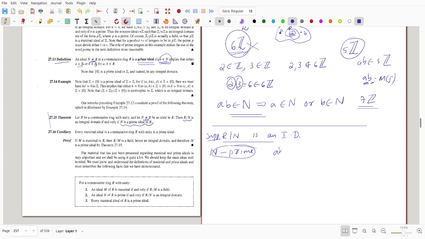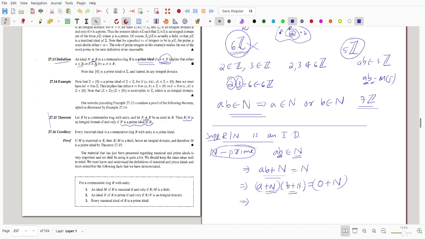We start by assuming that a product AB is a member of N. A product being a member of N means the coset containing that product is N itself. So that means (A plus N) times (B plus N), that is AB plus N, is equal to 0 plus N. So this shows that when you multiply two elements in R over N, using this member we construct a coset.